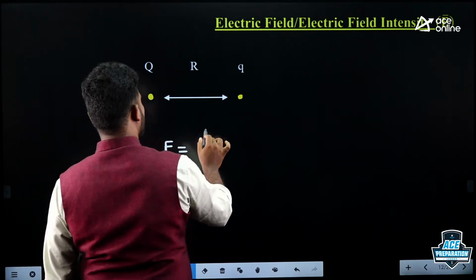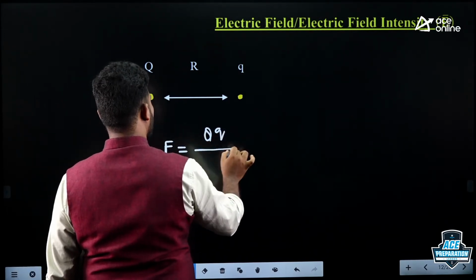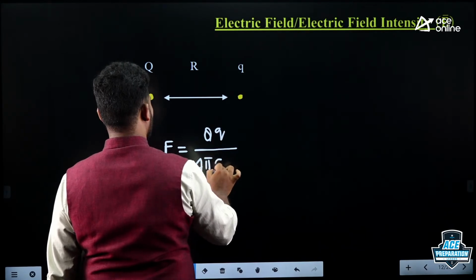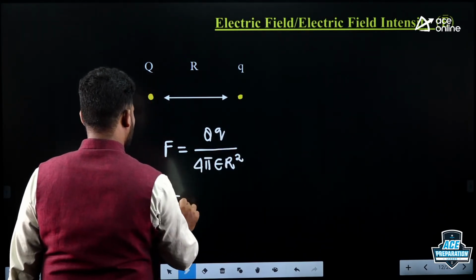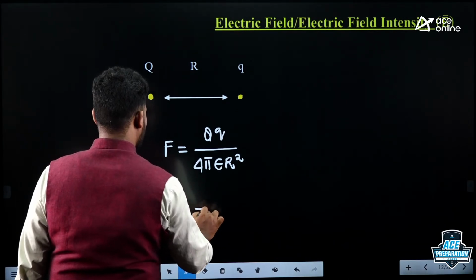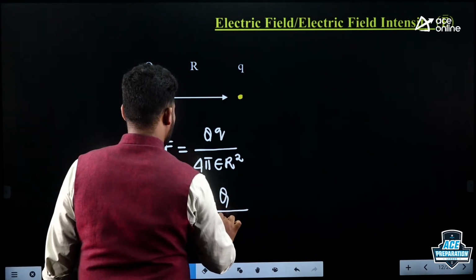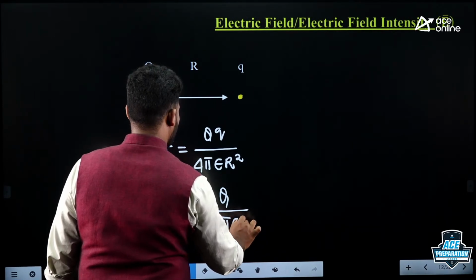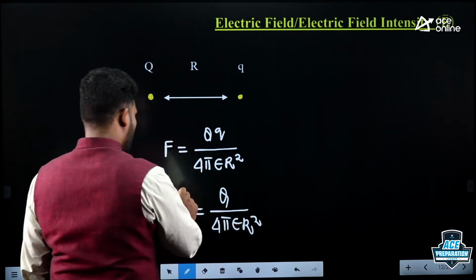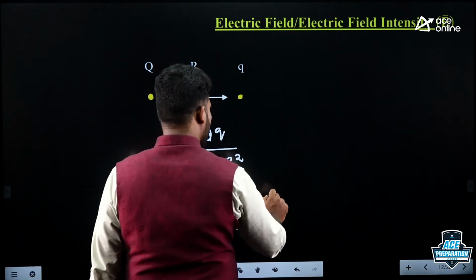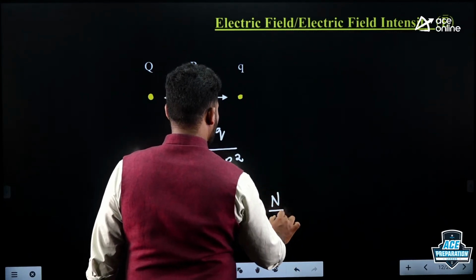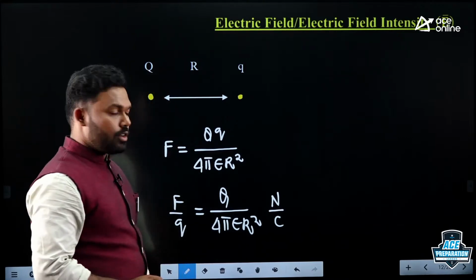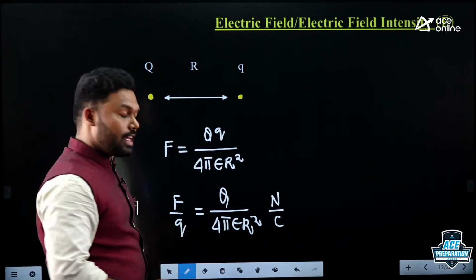F is equal to q into Q divided by 4 pi epsilon r square. I will bring this charge q here: F by q is equal to Q divided by 4 pi epsilon r square. Force per unit charge. What are the units here? Newton per Coulomb. Force per unit charge is called electric field.